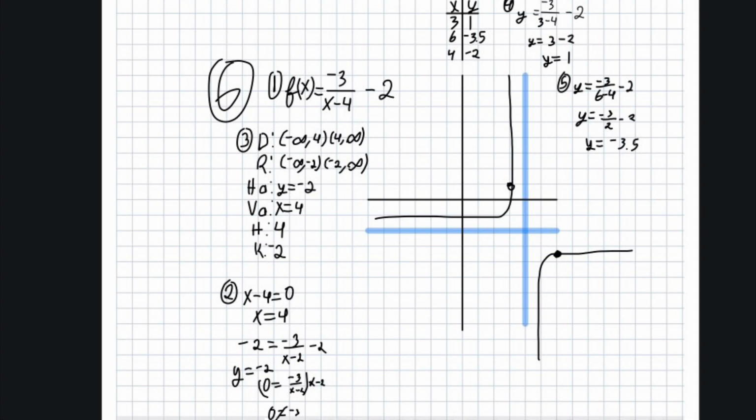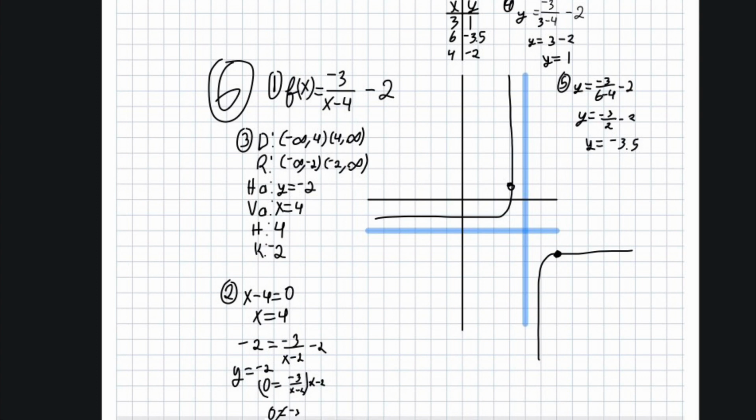All right, for the 6th problem, the first step I did was write down the problem. The second thing I did was find the vertical and horizontal asymptote. Then I put the h and k down, as well as the domain and range for step 3. For step 4, I started to find my important points so I could put them on my graph, after I labeled my asymptotes, of course.